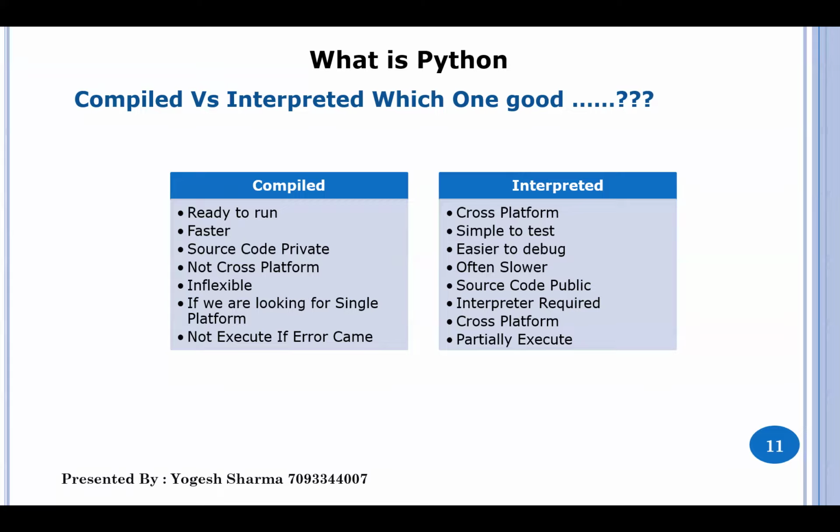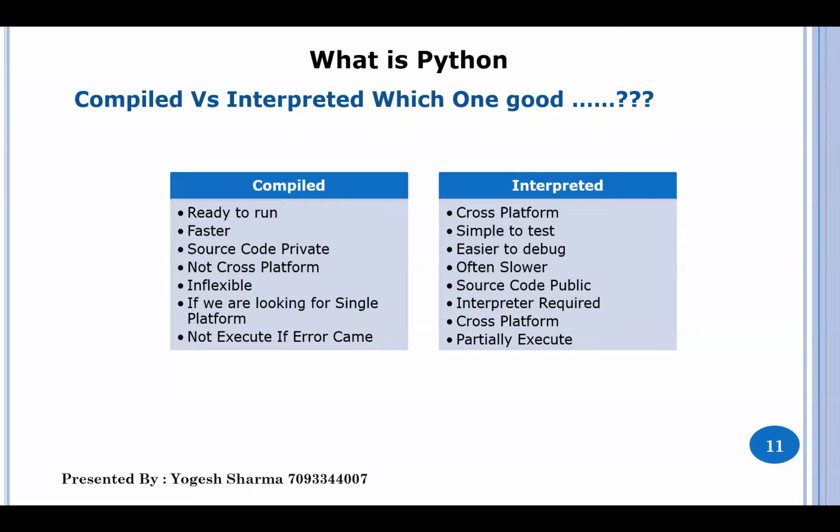Client is using Mac or client is using Windows. You have written the code and given this code to the client, and it doesn't matter what machine he has. Based on the machine, he can run the interpreter, he can get the output and enjoy. So this approach is basically what is called the cross platform approach.